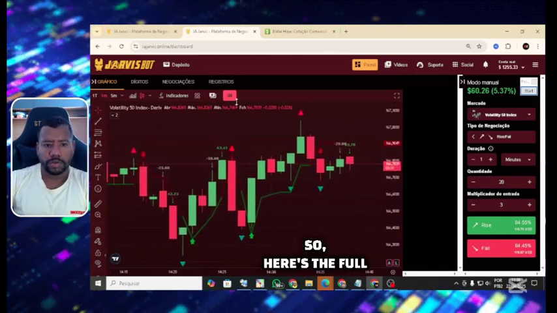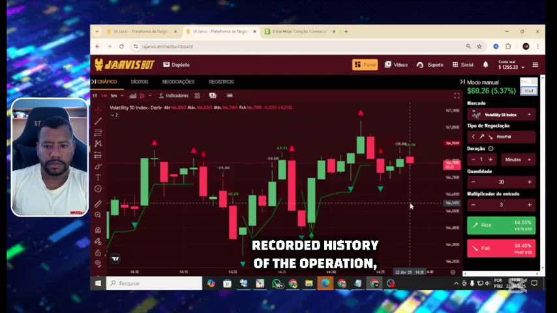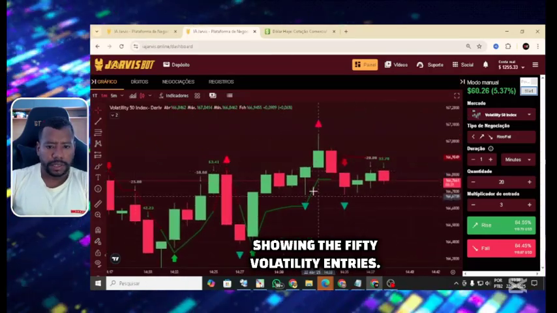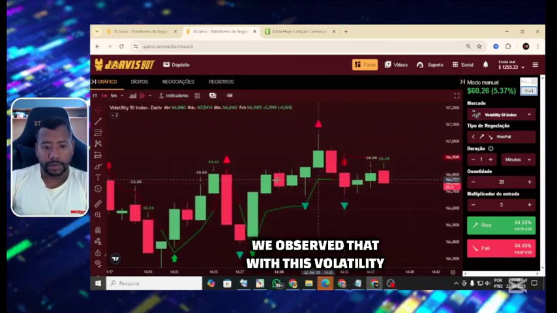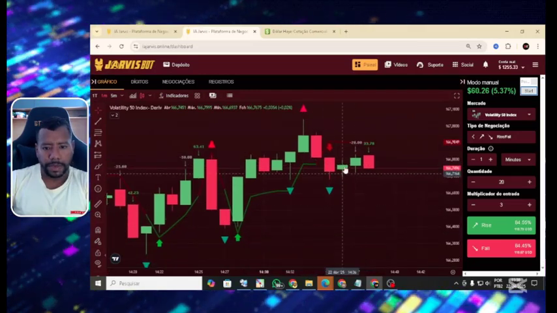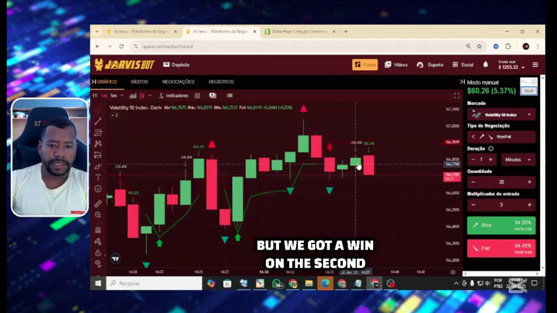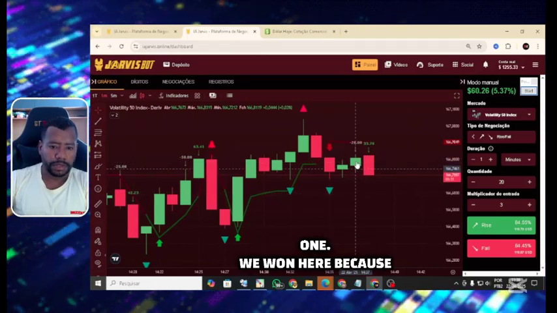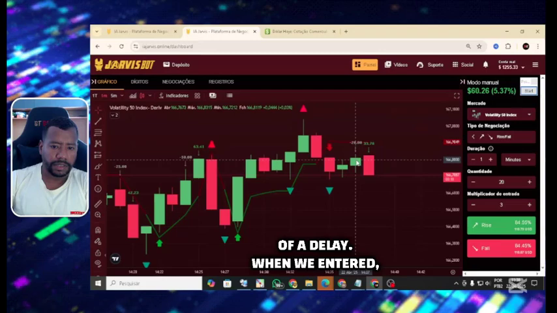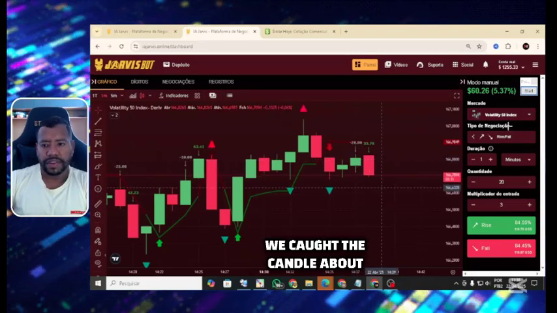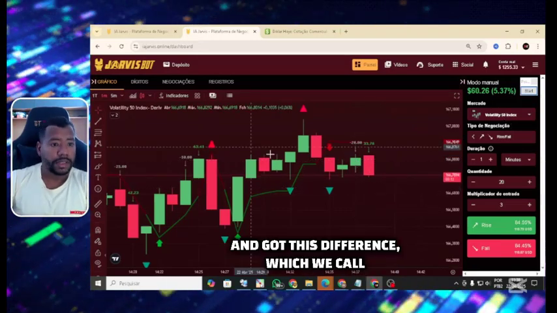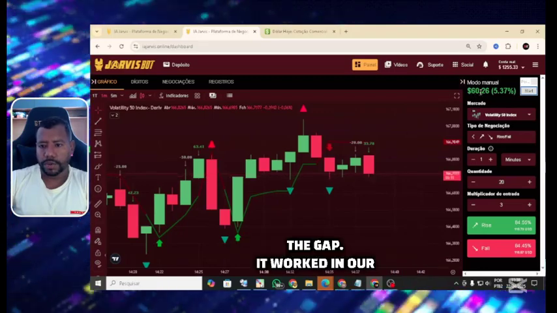So here's the full recorded history of the operation showing the 50 volatility entries. We observed that with this volatility 50 indicator, it lost on the first entry, but we got a win on the second one. We won here because of a delay. When we entered, we caught the candle about here, see? And got this difference, which we call the gap.